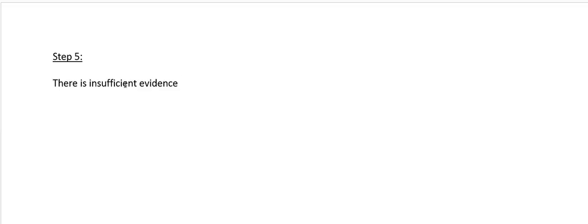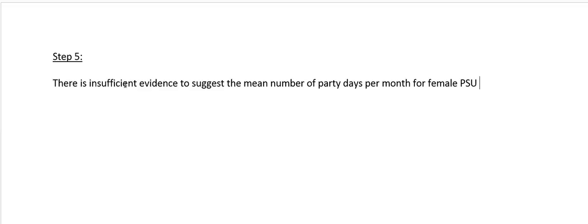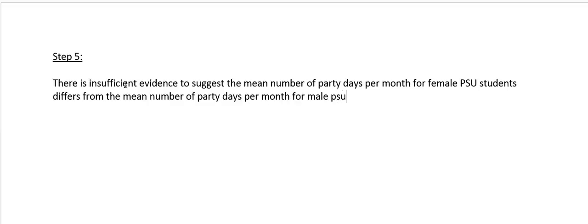So we'll say there's insufficient evidence to suggest the mean number of party days per month for female PSU students differs, or you could just as easily say not equal to, from the mean number of party days per month for male PSU students. So because that was my alternative, essentially that's what I'm saying I have insufficient evidence for, and I'm saying insufficient because I made the decision in step 4 to fail to reject.